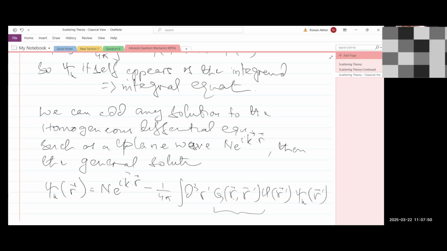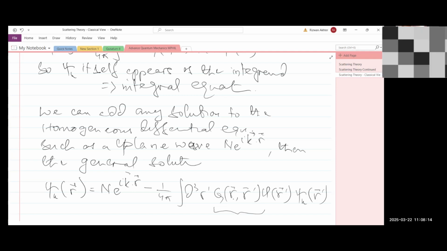If u is small compared to the energy of the incoming particle, then the approach for solving a scattering problem would be known as the Born approximation. And in case u is larger than the energy of the incoming beam of particles, that would be known as the partial wave analysis.